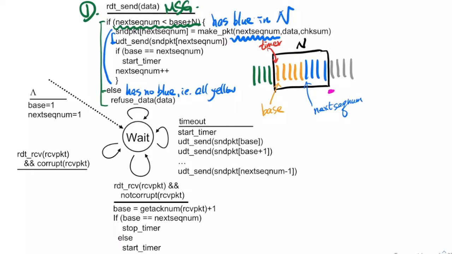But right here we have a very strange thing. If base equals next sequence number, that means all the segments in this N are blue.